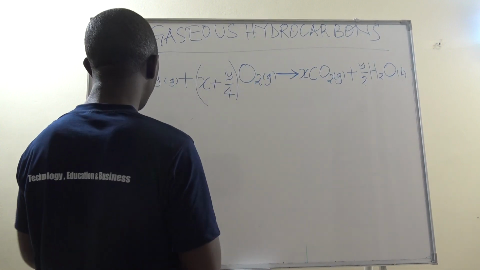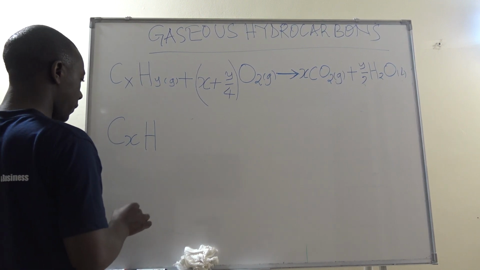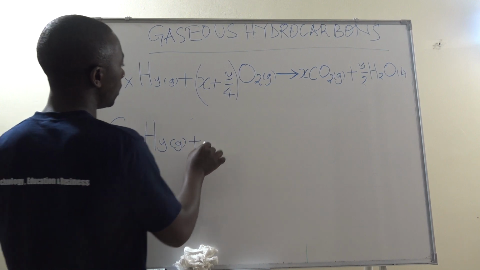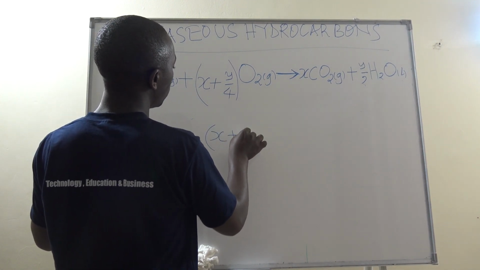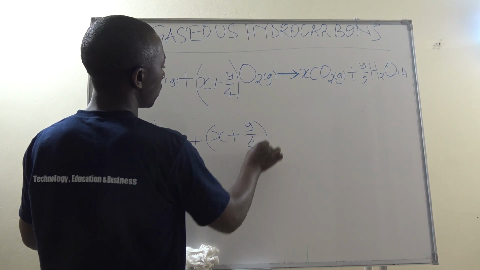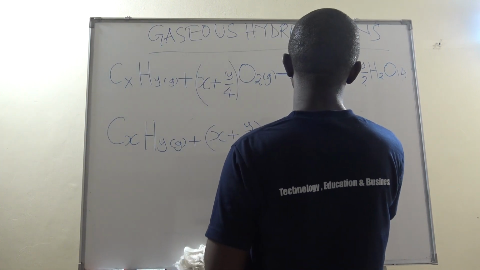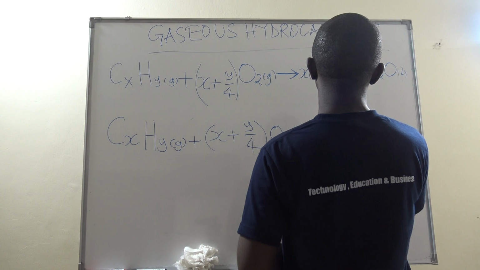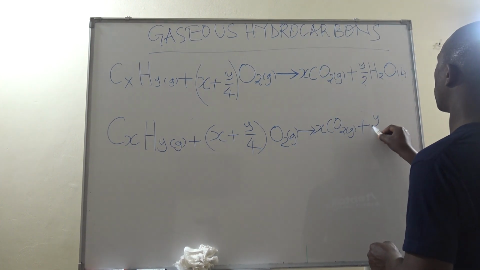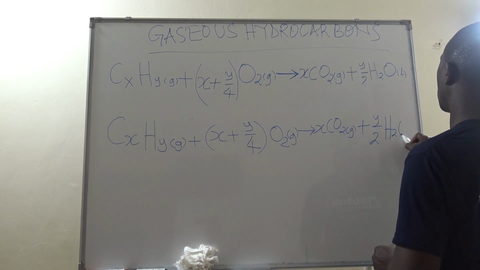So to be very smart, we can say this is C x H y, where that value is not known, and we are saying this is a gaseous hydrocarbon reacting with the excess oxygen gas to obtain x carbon dioxide gas plus y over 2 water molecules.